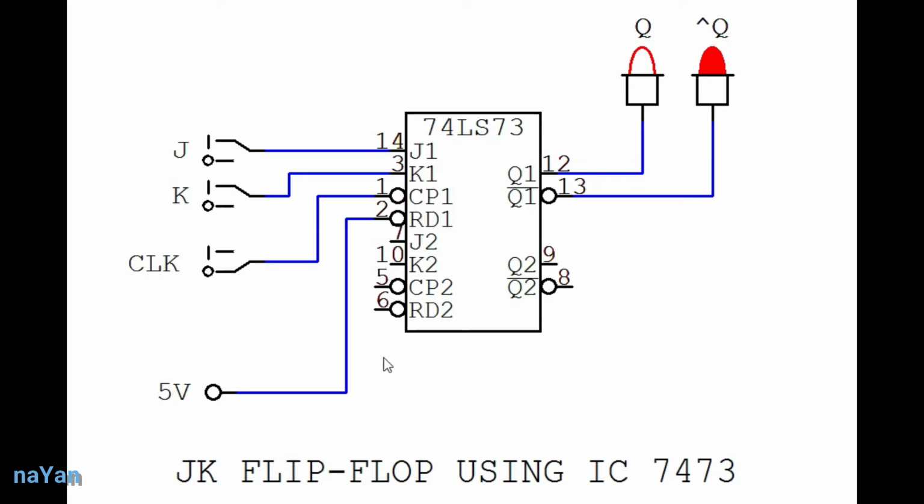And in clear 1, if we provide 1, which is 5 volt, it gets 0 and thus it is not cleared. So this flip-flop will work when the clock is 0.